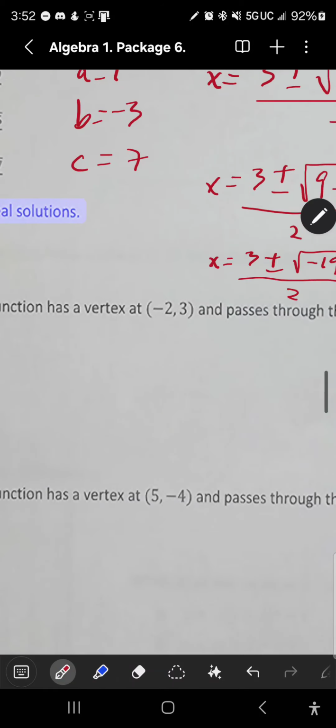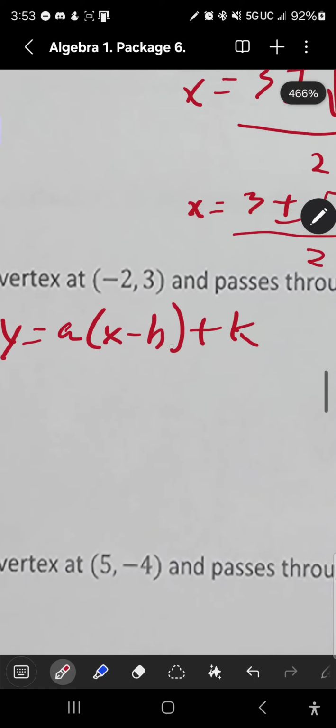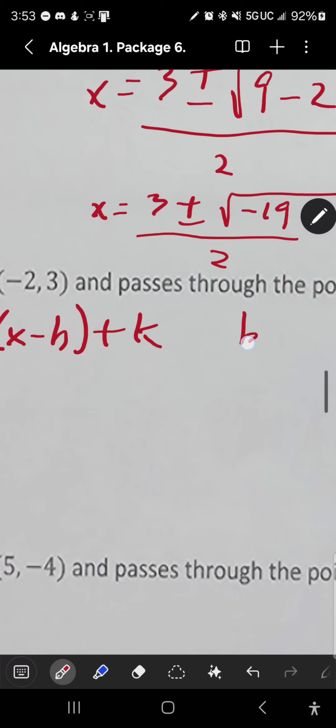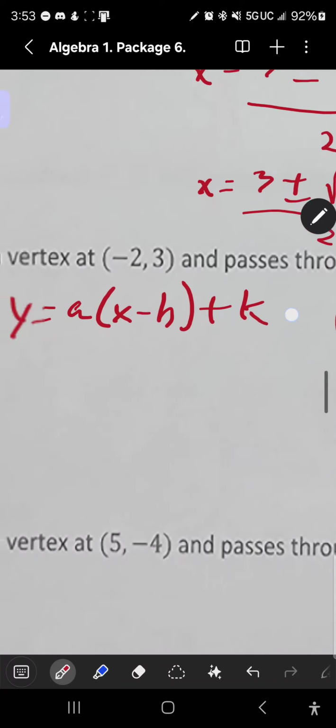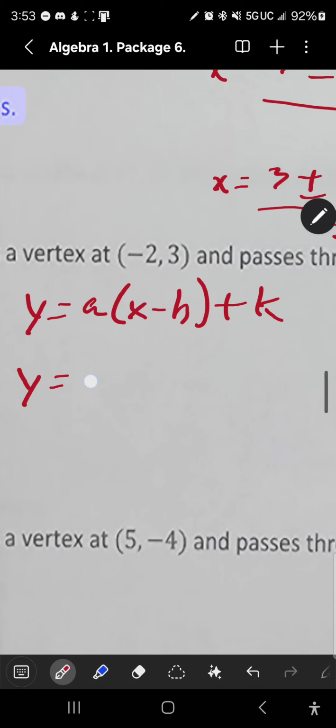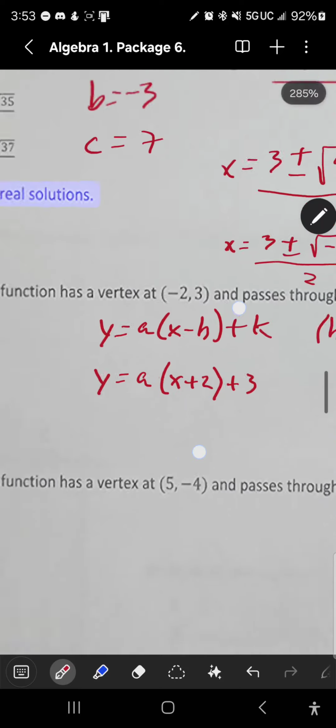We know that the vertex formula will be y equals a(x minus h) plus k, where h comma k is the vertex. So right now we know that the equation will be a(x minus negative 2), which is going to be positive 2, plus 3, because that's the vertex.